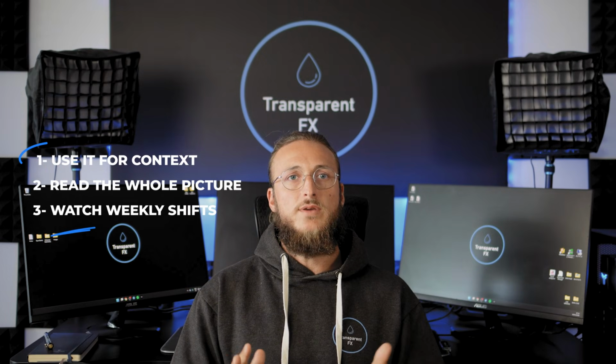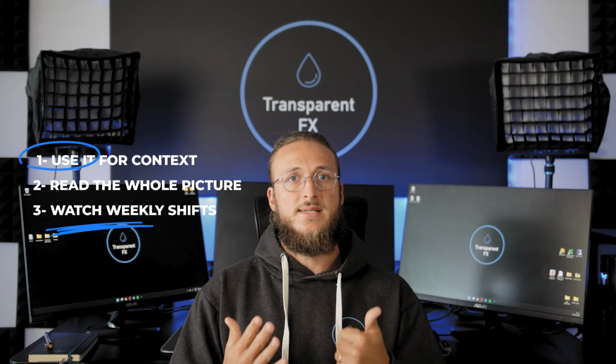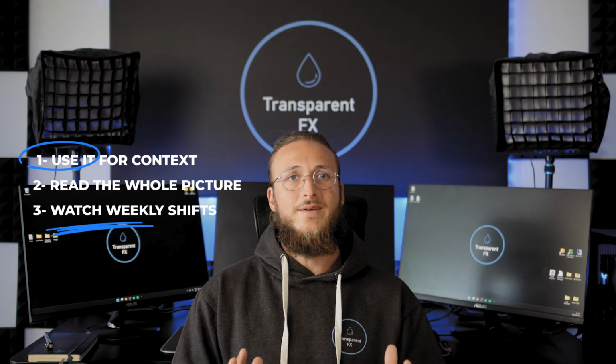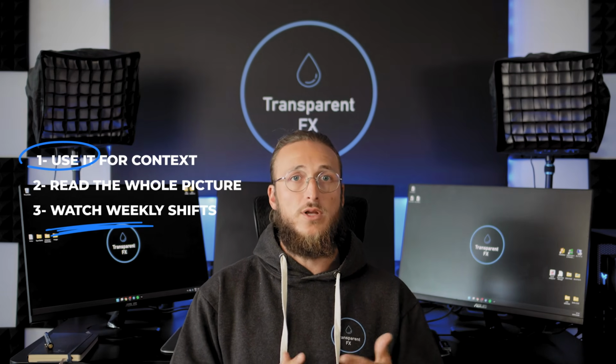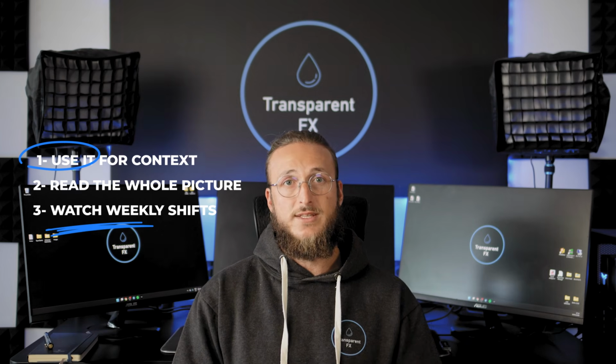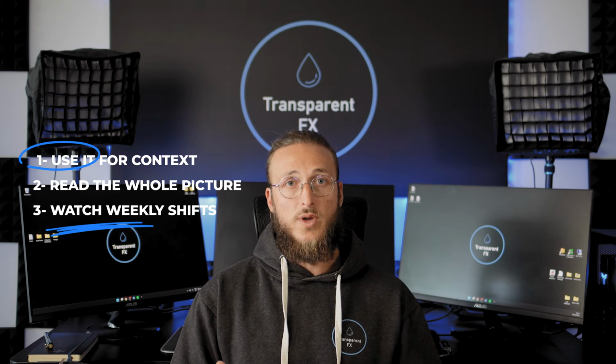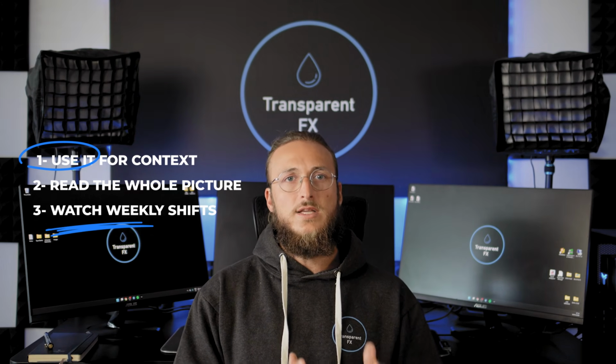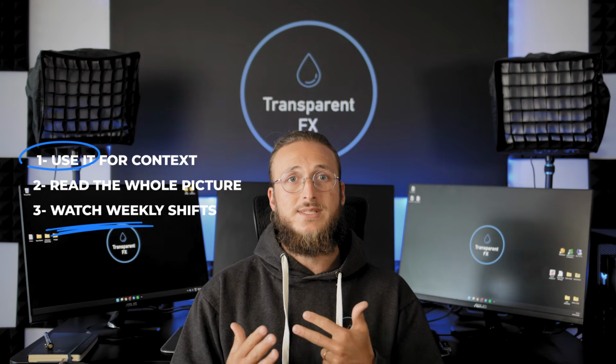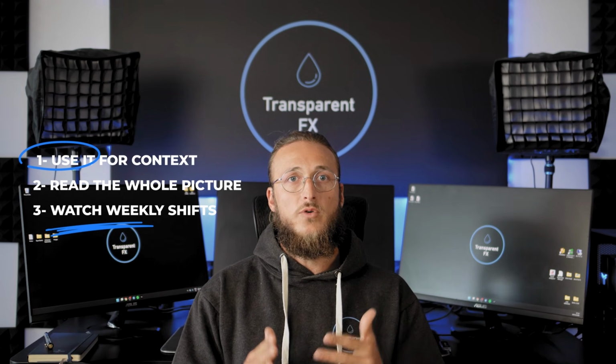So let's simplify everything into practical rules. Number one, use COT for context and bias first. Number two, never look only at one number. Read longs, shorts, changes, percentages, and net positions together. Number three, the weekly changes matter a lot because they tell you what is shifting right now.